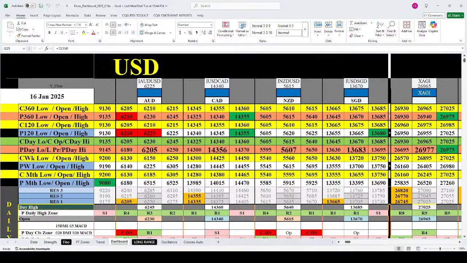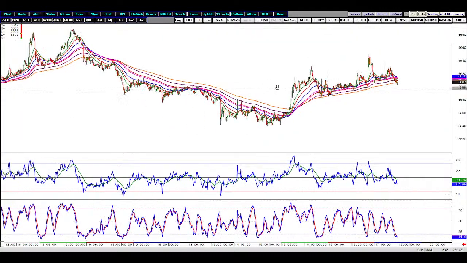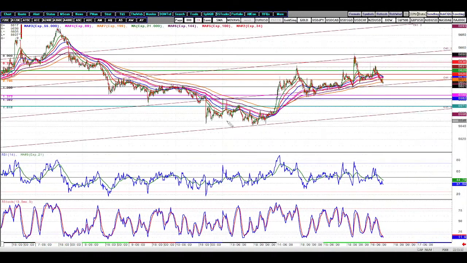Okay, so let's see what we have on the price flow. The price flow says the market broke. Right now this is still struggling, so we should be looking to buy at 55.90, and we should not see the price going below 55.60.